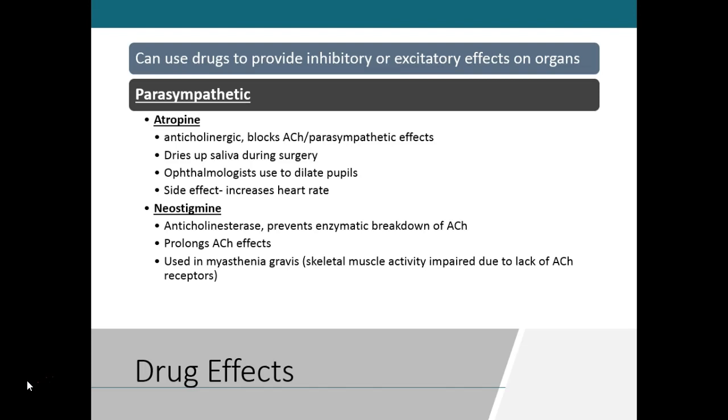In myasthenia gravis, the muscle activity is impaired, weakened, or slowed due to a lack or defect in those acetylcholine receptors. So as the acetylcholine esterase, the enzyme, is breaking down acetylcholine, there's even less opportunity for the few functioning receptors to bind that acetylcholine. So by keeping it in the synapse longer, that allows for a little bit of prolonged activity of that acetylcholine.